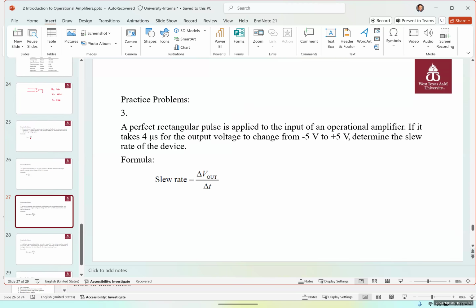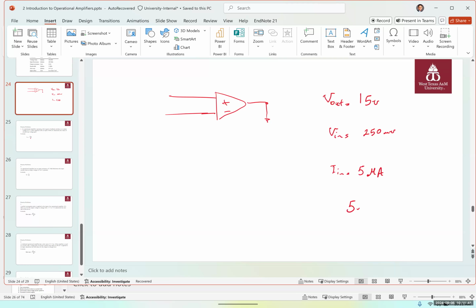And it takes 5 microseconds for the output voltage to go from 0 to 15 volts.